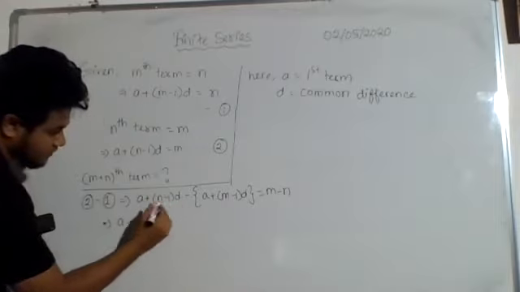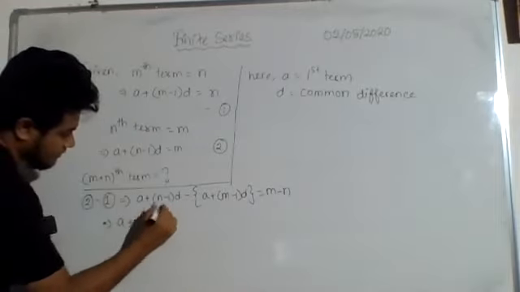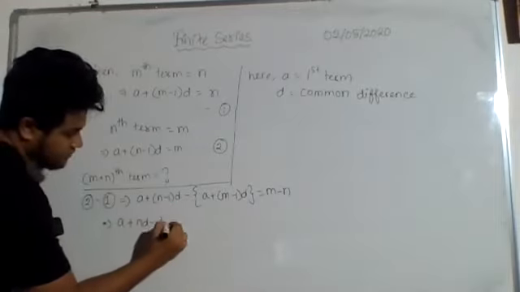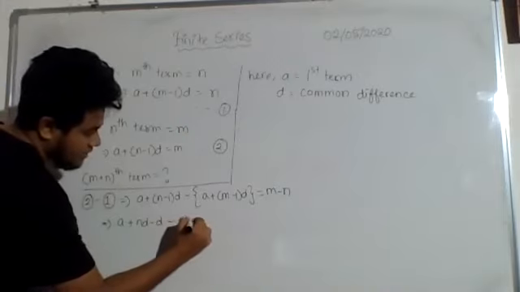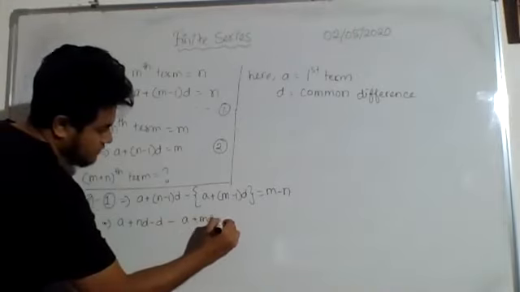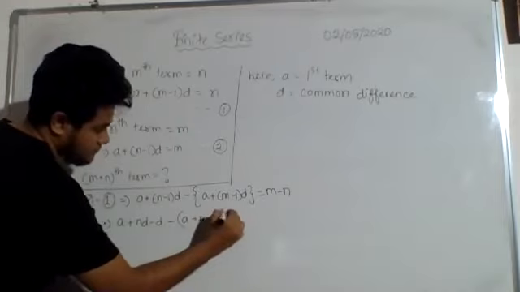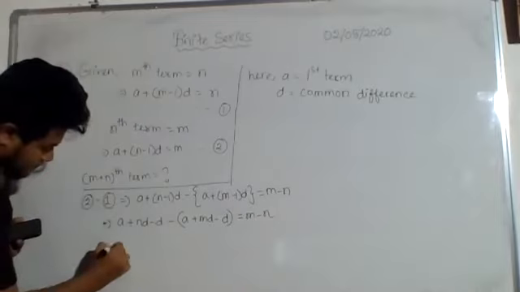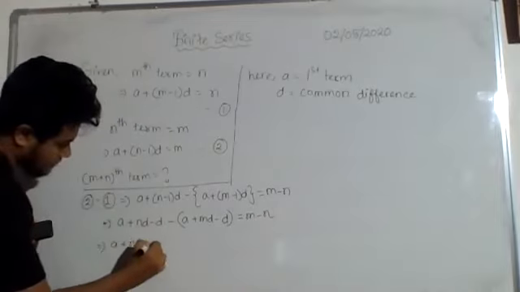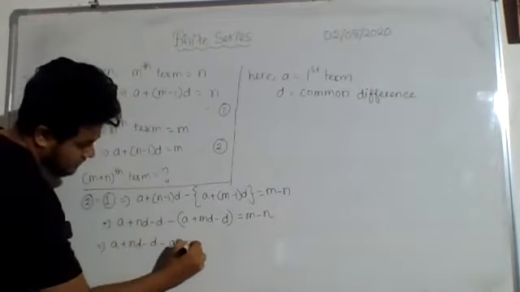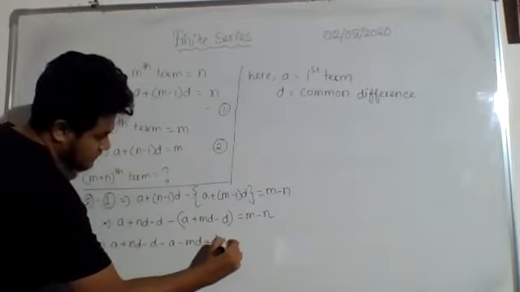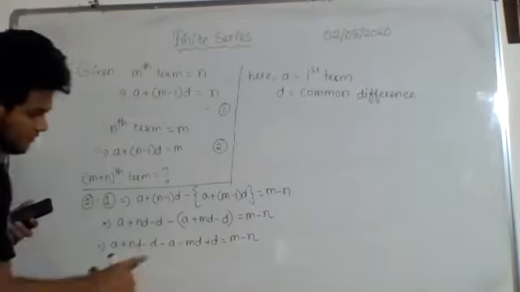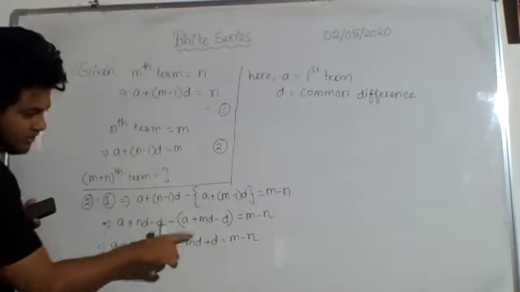A plus, let us multiply, nd minus 1 into d, minus a minus md plus d, is equal to m minus n. So a plus nd minus d minus a minus md plus d is equal to m minus n. If I remove the bracket, the sign will change, right?